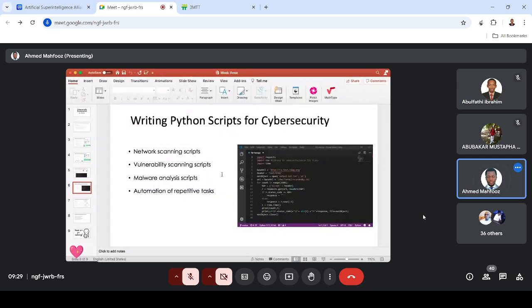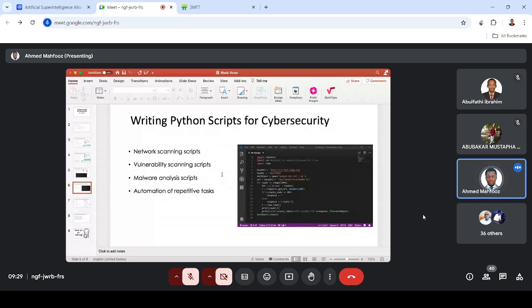Okay, writing Python scripts for cybersecurity. We can write different scripts to use in our profession, which can also serve our tools.